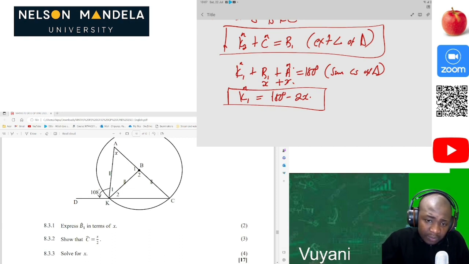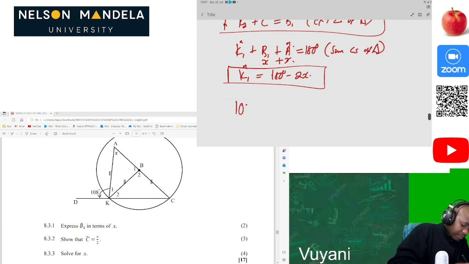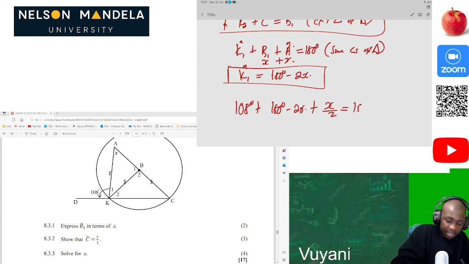So this will be 108 plus 180 degrees minus 2x, plus x over 2, is equal to 180 degrees, because this is what we know.